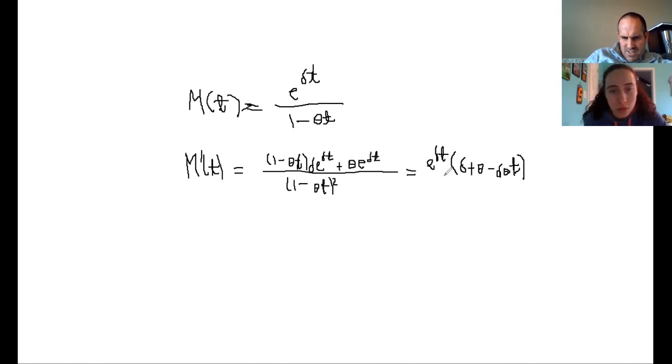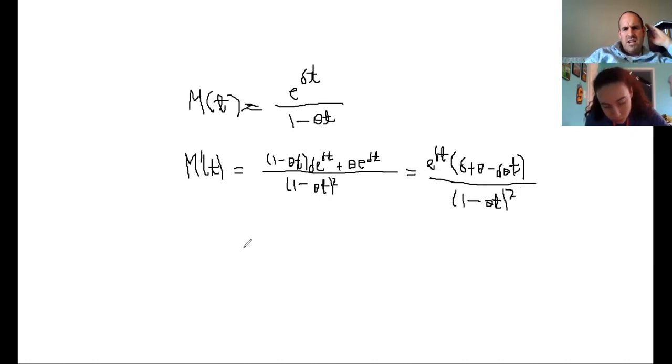Make sense? Over 1 minus theta t squared.